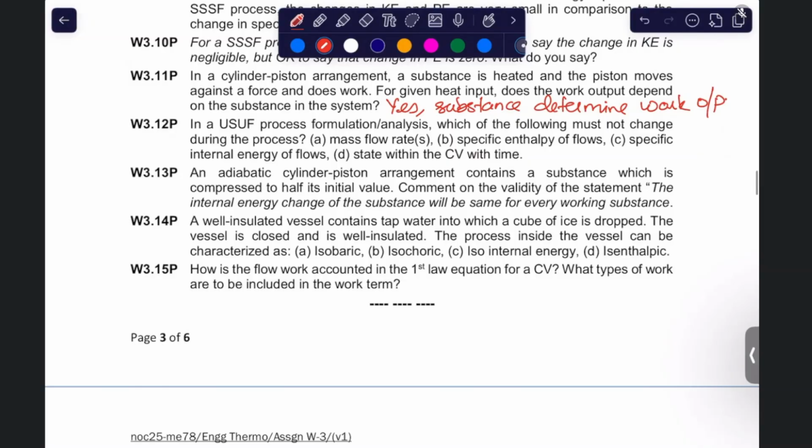Then specific enthalpy of the flow can also change in time if the inlet or outlet conditions vary, so that is also there. Then specific internal energy of the flow is not particular about steady state or unsteady state or uniform flow or steady flow.